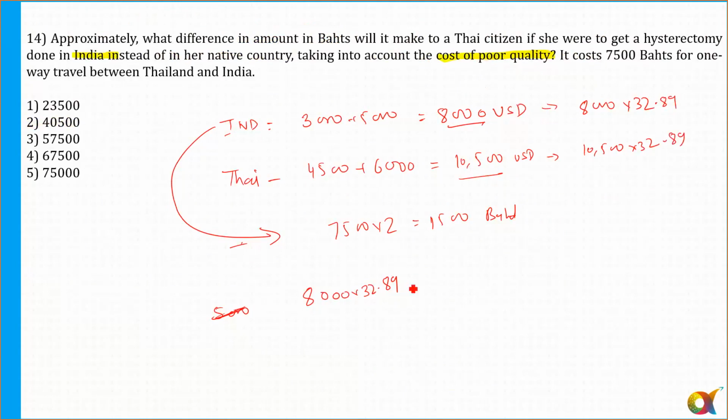So 32.89 plus 1,500 minus 10,500 into 32.89. And then you can find out that this comes out to be 67,500 approximately.